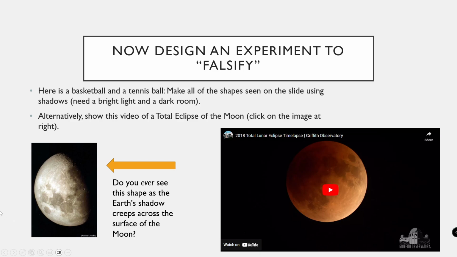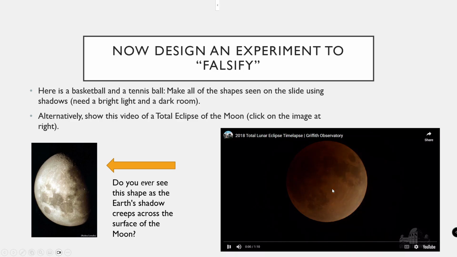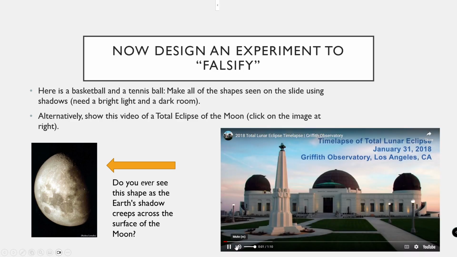But if we look at a time lapse of an eclipse, the shapes are not the same. So simply displaying the time lapse of the eclipse and asking, can we replicate this shape, which in this instance would be the waxing gibbous shape, slightly more than half. And I think that's what it is. So we'll have a quick look here because this is only short.